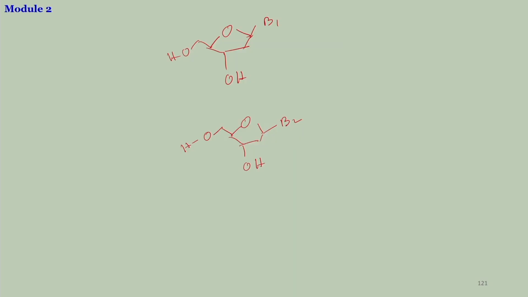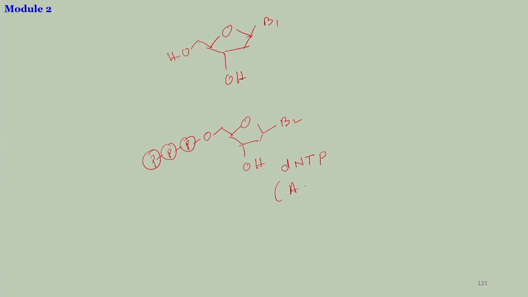So, how it happens is that it has the triphosphate, O, P, P, P. I am not writing the phosphate. This is triphosphate, which in general is known as dNTP: deoxyribose, N is nucleobase, T is triphosphate.